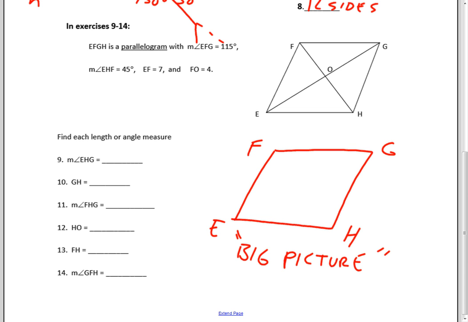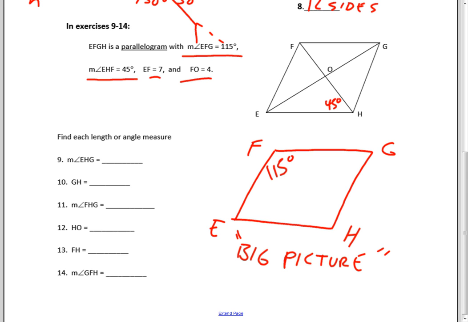What do the big angles look like? So when EFG is given to you, I can put that here rather than laying it on top of that diagram. It all depends on how you can visualize things. EHF, 45 degrees. Did everybody place 45 degrees there?